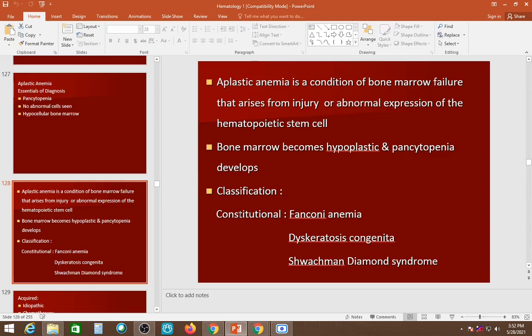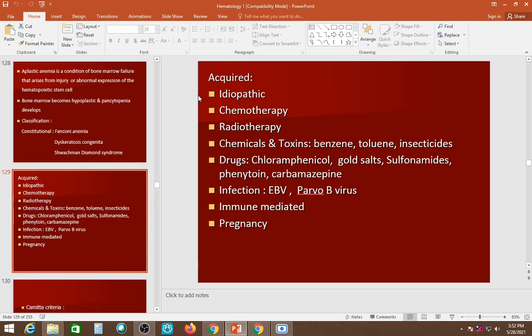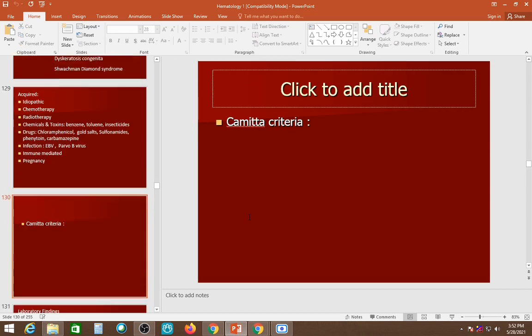Classification can be constitutional or acquired. Constitutional, these three: Fanconi's, dyskeratosis congenita, Shwachman-Diamond syndrome. Then acquired, we have the causes unknown, then as a result of chemotherapy, radiation, chemicals and toxins, certain drugs, infections, immune mediated, and obviously very rare, pregnancy.